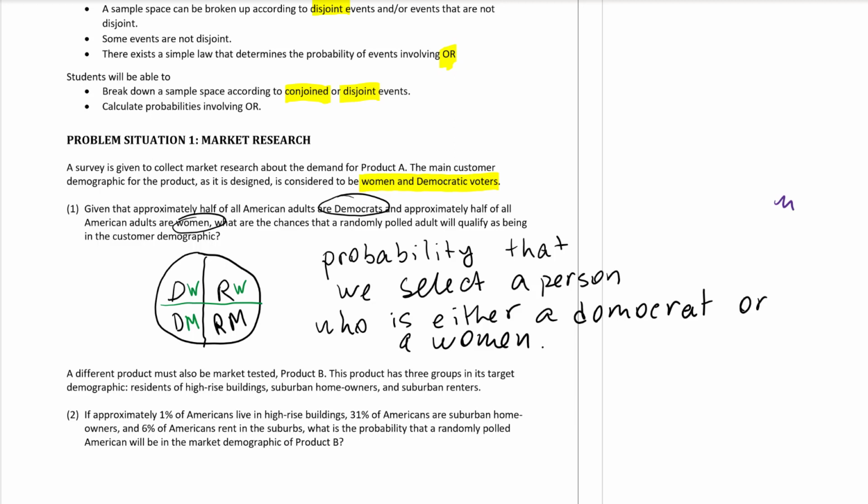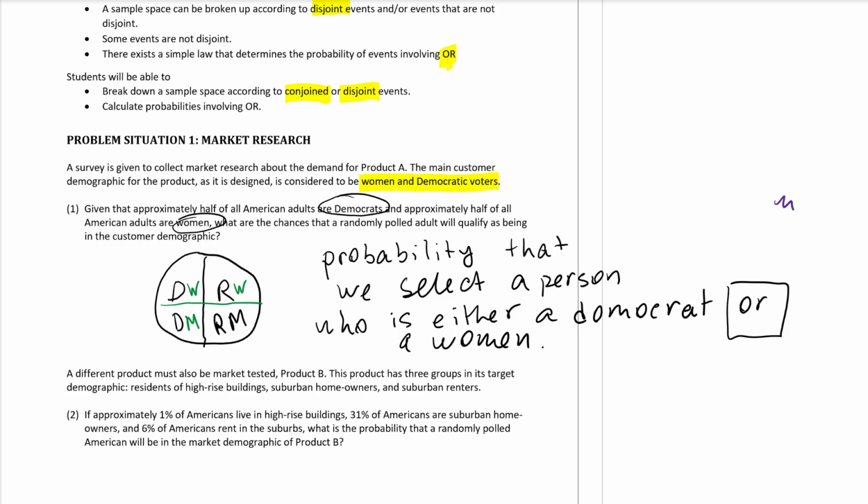Okay, so that's what we mean when we have that situation. That's going to be our focus in this lesson, to look at the possibilities connected with the word or. So it's either that or that is a success.